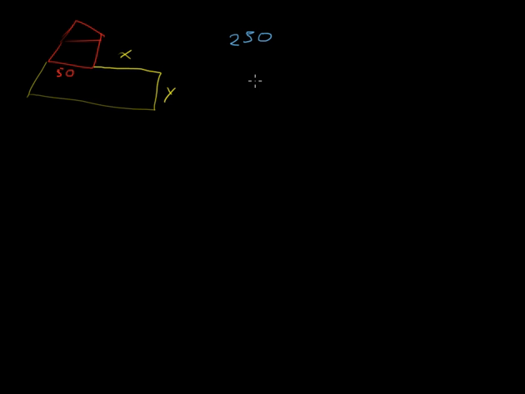So we have 250 feet of fencing. So that 250 feet equals x, that's this x, plus y, plus this distance is x, plus we know that this distance is 50 feet because it is parallel and opposite side of the barn, so that's another 50 feet.